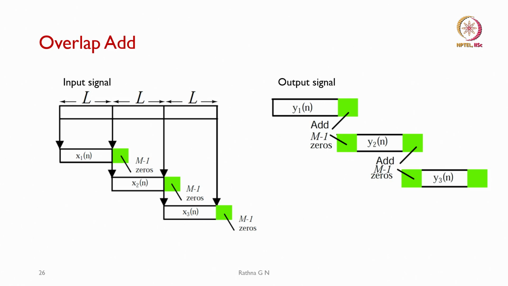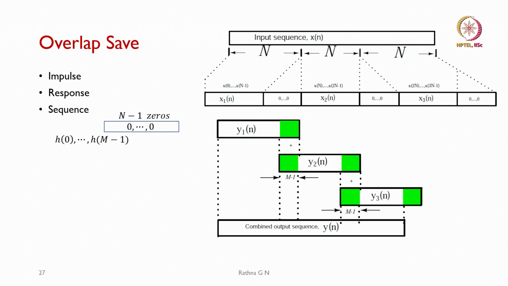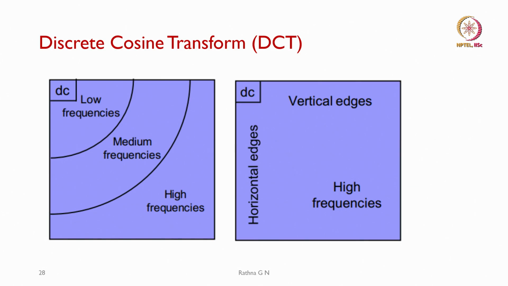Later on, for a lengthy signal, we saw how we can use the overlap add and overlap save methods to implement the same using our FFT. Then we went on to discuss the discrete cosine transform, a little on image processing.